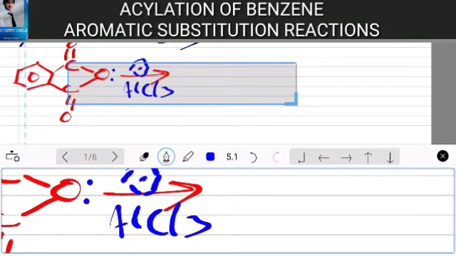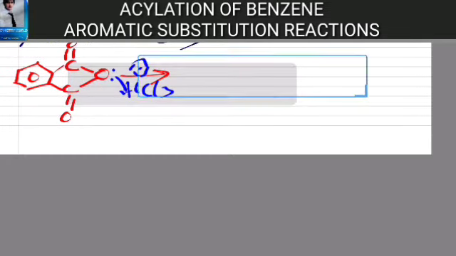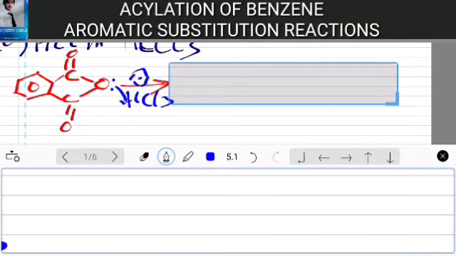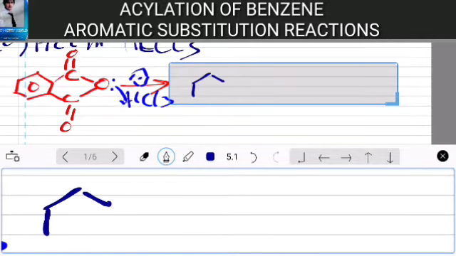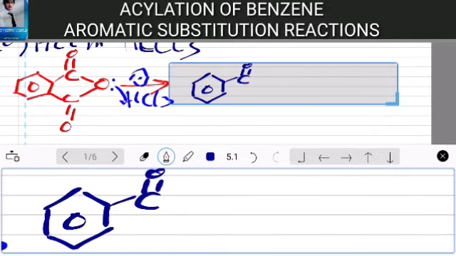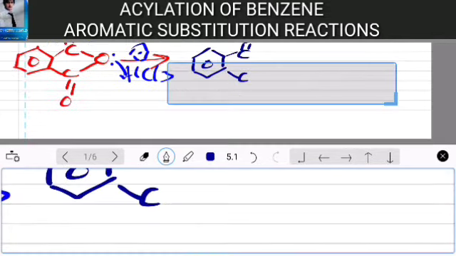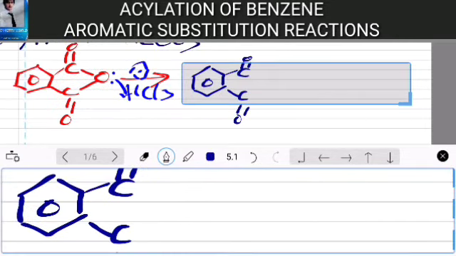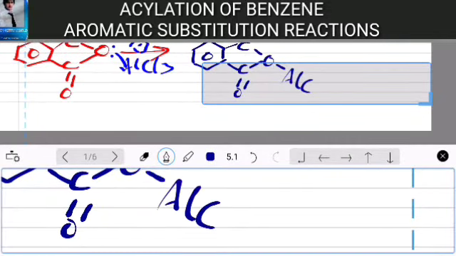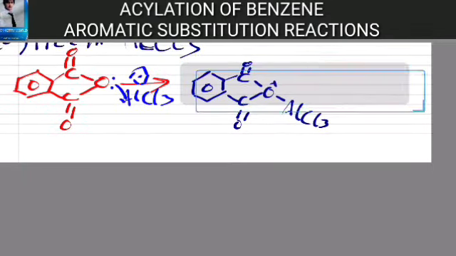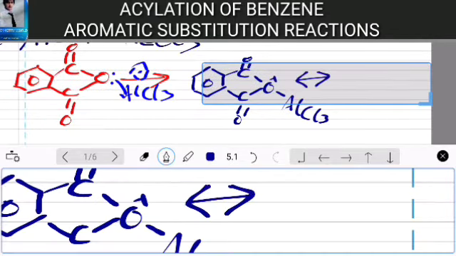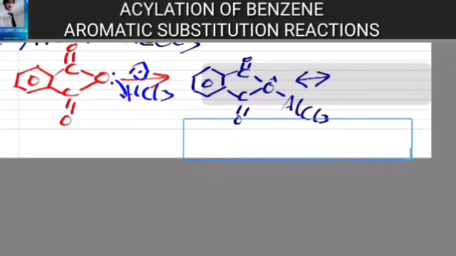So this O will attack on the Al and the transition state occurs. Here AlCl3, this O will become positive and it is an intermediate state.